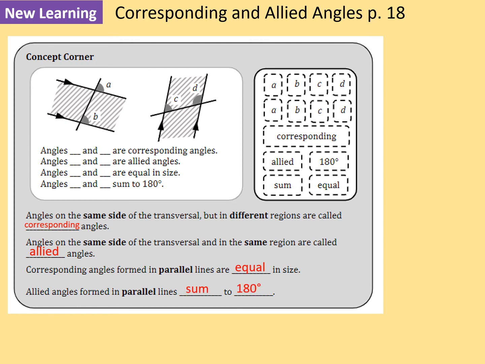So from this information we can deduce angles A and B are corresponding angles, angles C and D are allied angles, angles A and B are equal in size, and angles C and D sum to 180 degrees.